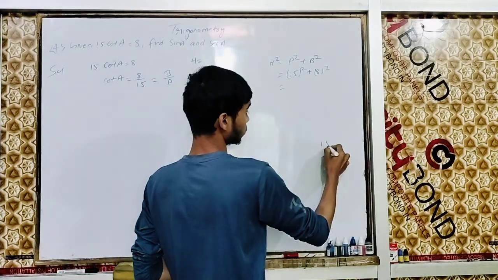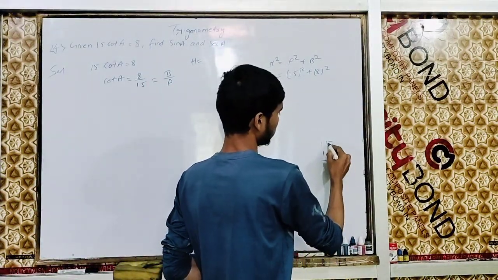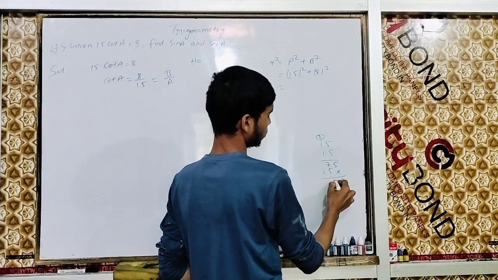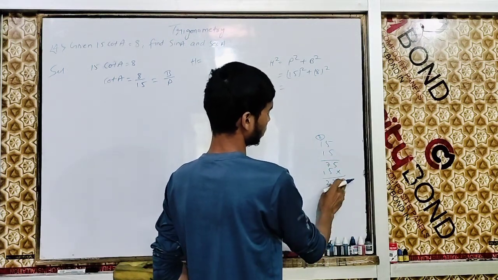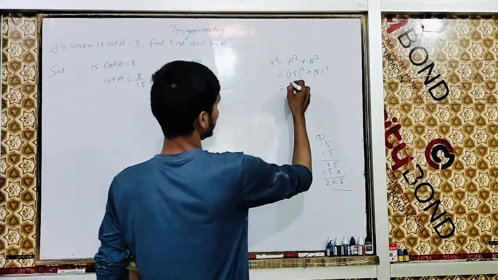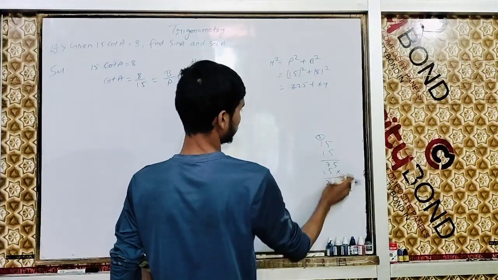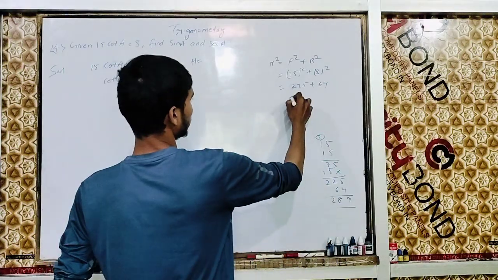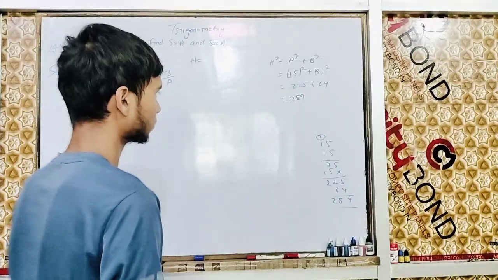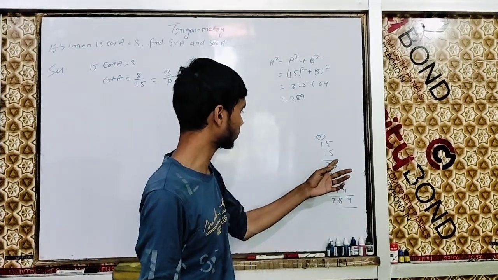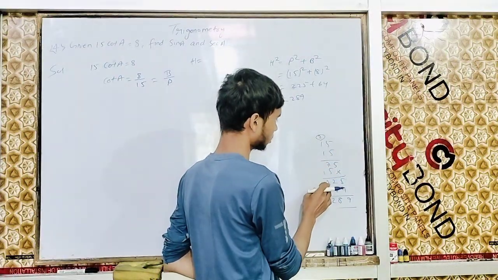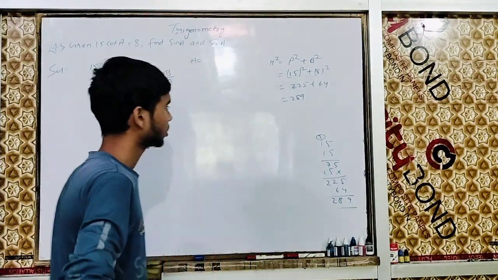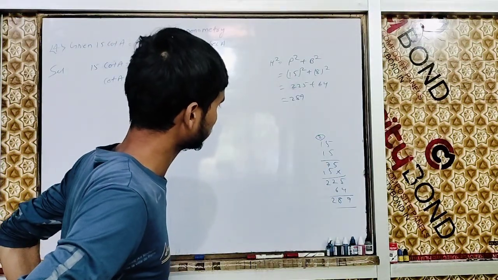15 times 15, 225. Then 64. It comes to 289.